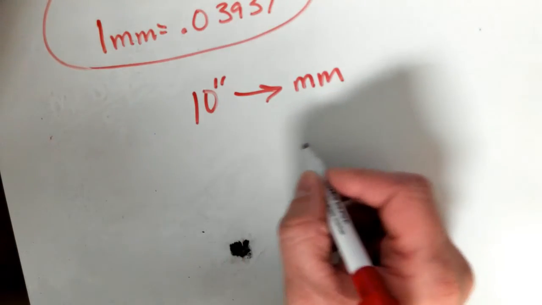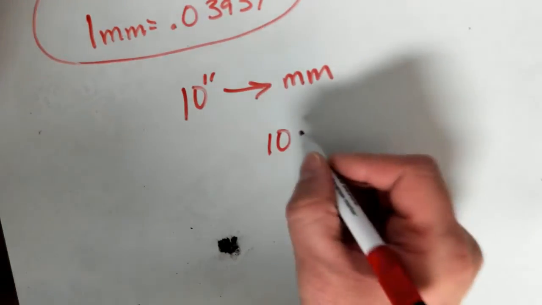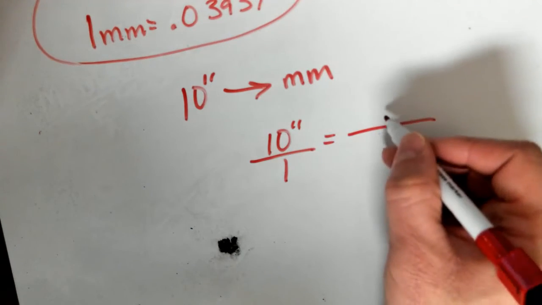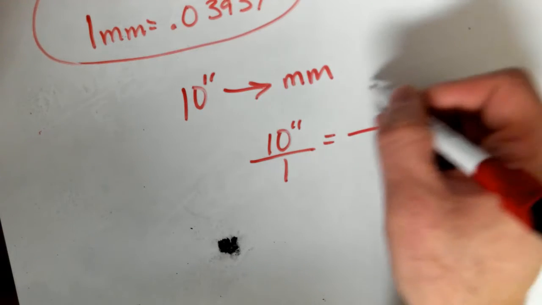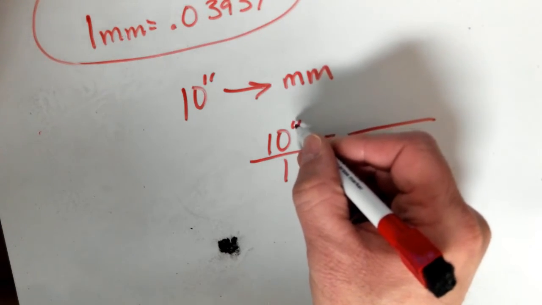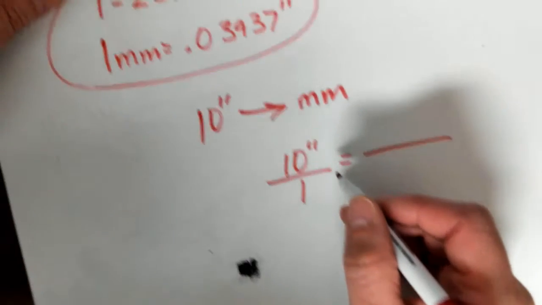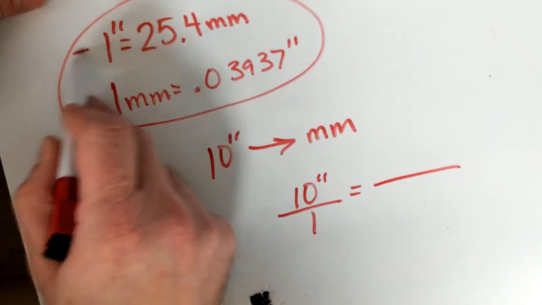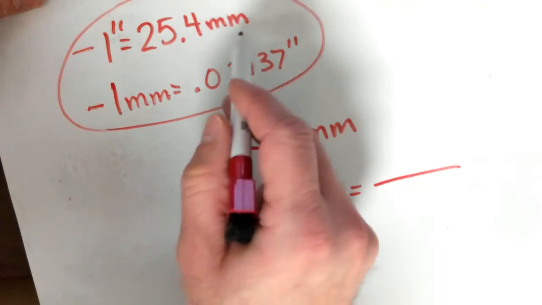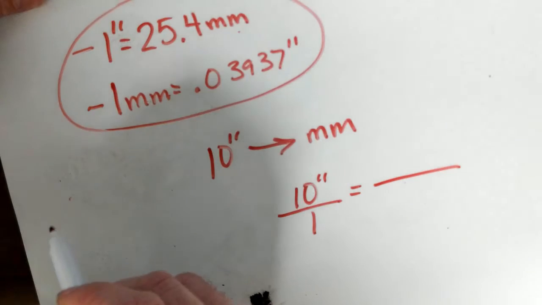And what I do is I put my 10 over 1, and I come over here, and this is where I put my conversion factor. Make sure you put your units up here with this. Both of these will work because they both have the unit I have, inches, and they both have millimeters, which is exactly what I need as well.